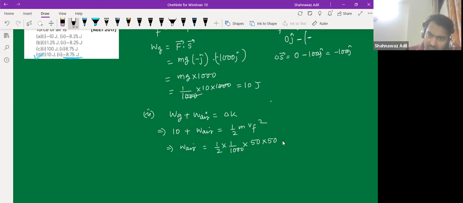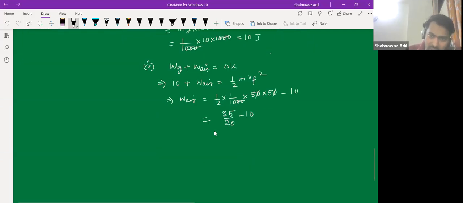And then what do we have? Okay, so this is minus 10. So this cancels these two. This is 25 by 20 minus 10. So this is how much? 25 by 2 is 1.25. Or right?